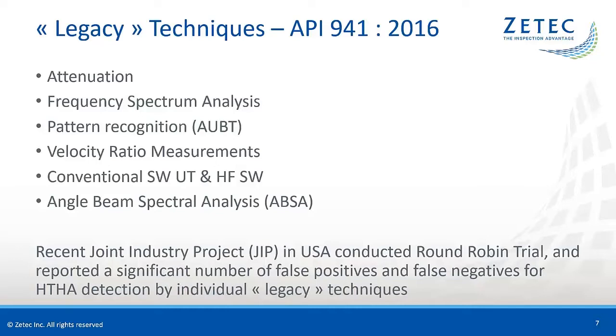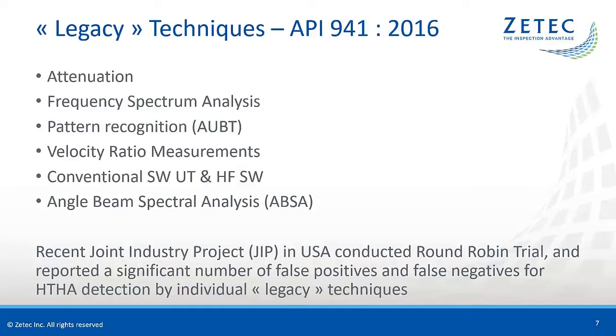The study was run as a round-robin trial with metallographic evaluation to verify the results of the UT techniques as deployed by several NDT service vendors. The results of the round-robin trial showed a significant number of both false positive and false negative calls for individual legacy techniques.